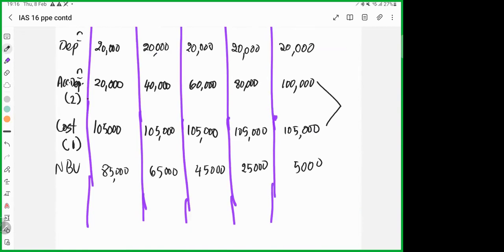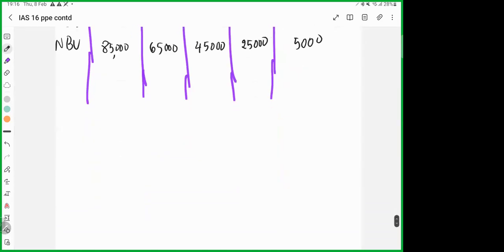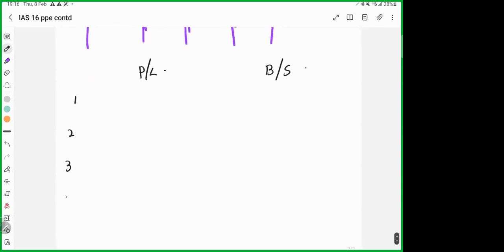Clear? So now, P&L, balance sheet. Year 1, year 2, year 3, year 4.